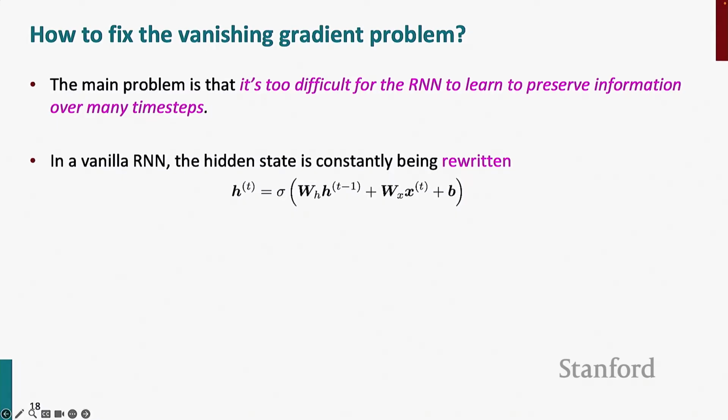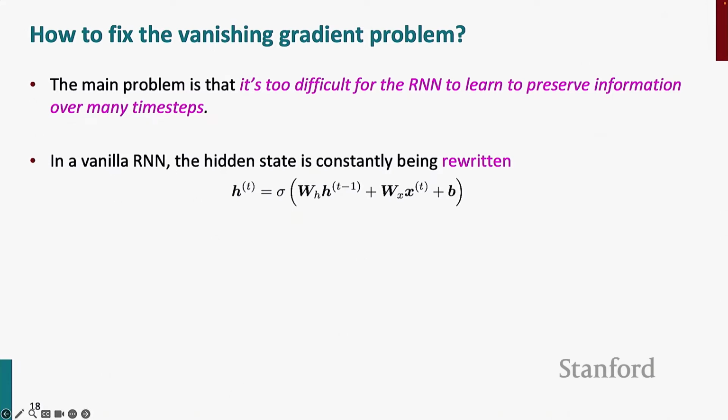If we look at the hidden state from one time step to the next time step, it's completely being rewritten, right? We're taking the previous time step's hidden vector, multiplying it by a matrix which completely changes it in general, adding in other stuff from the input.